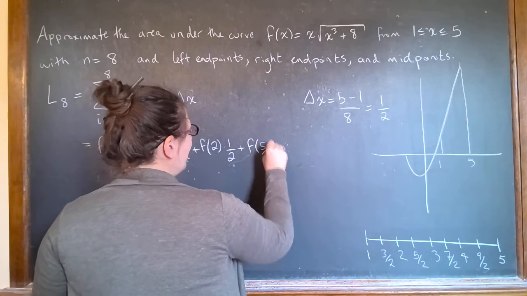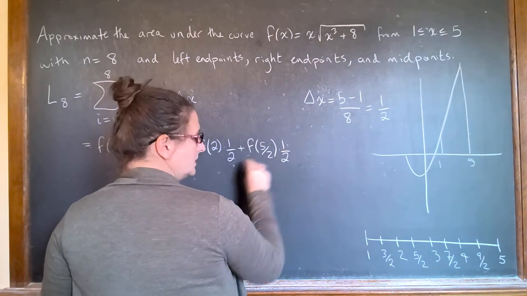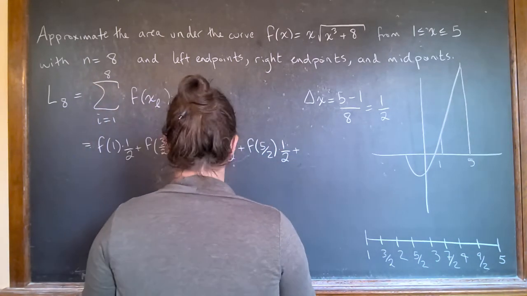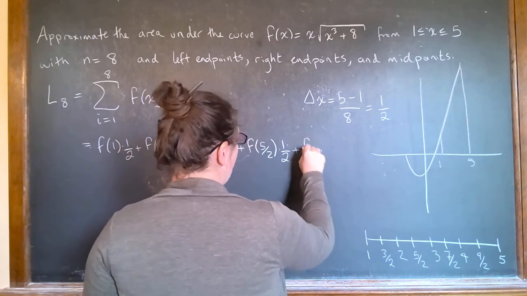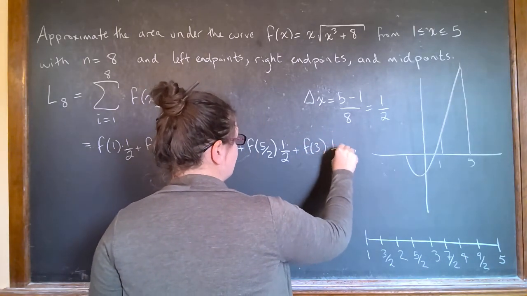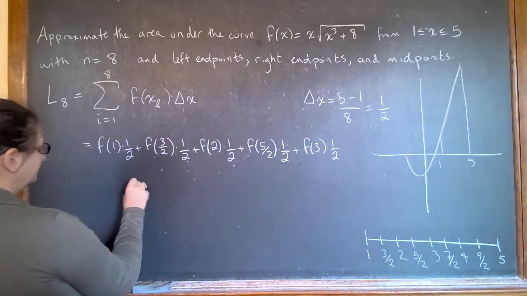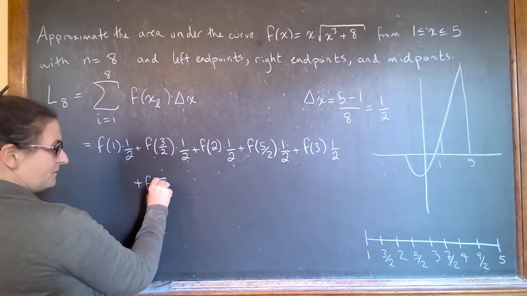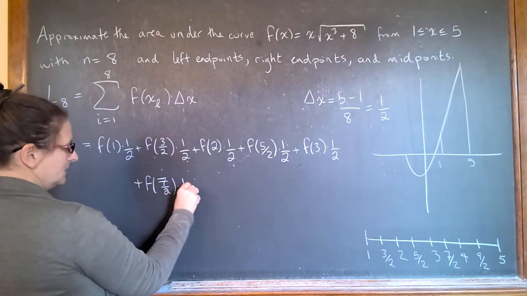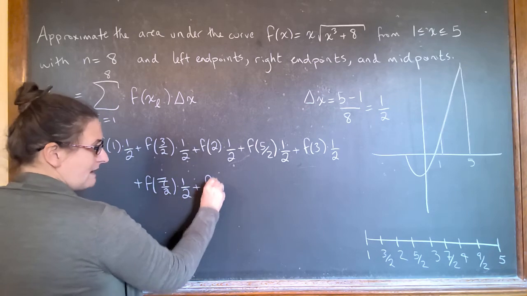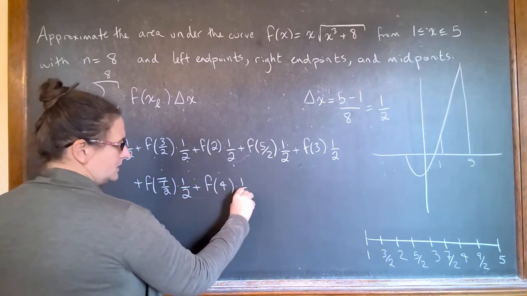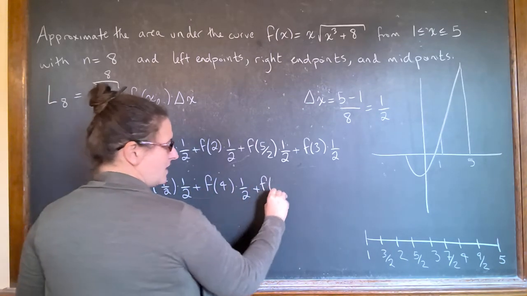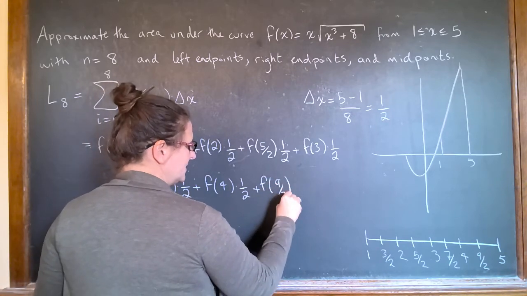When you do this, I do admit it's a pain. I do not love it myself. Then f of 7 halves times 1/2 plus f of 4 times 1/2 plus f of 9 halves times 1/2.